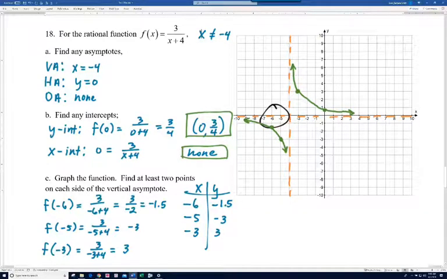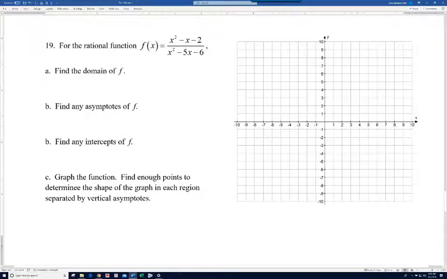All right, so let's move on to the next problem. Now, in a problem like this, look at our numerator and denominator. I'm going to want to factor so that if there are common factors, I can simplify. So it's always a good idea to factor in a situation like this first.